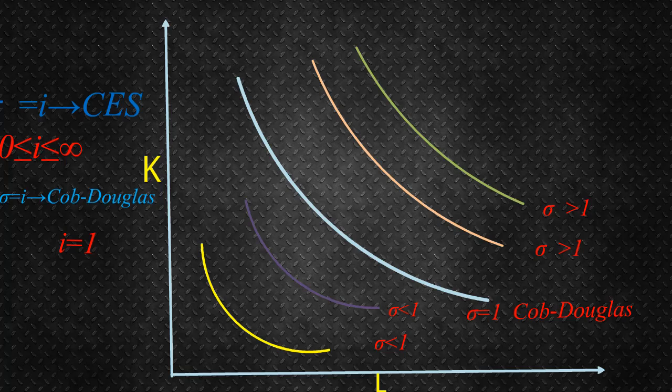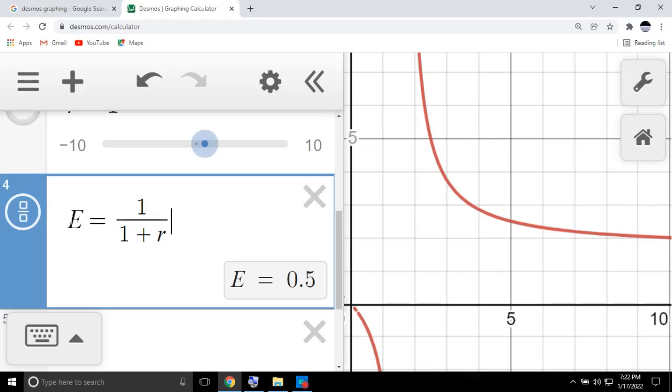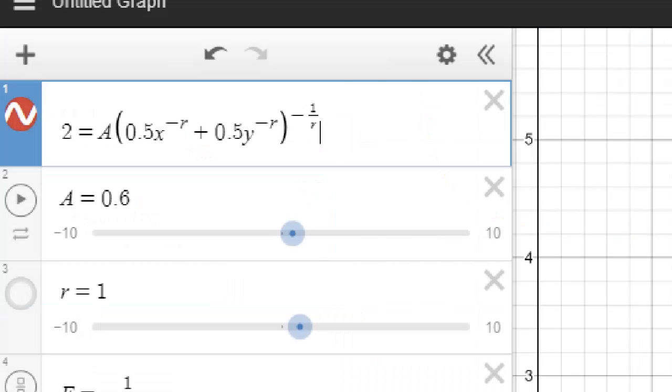Now I am going to show you some interesting graphical visualization of the CES production function. E here represents elasticity of substitution and R here represents the parameter rho in our CES production function. This is our CES production function. We took output as 2 units and A here represents overall factor productivity.